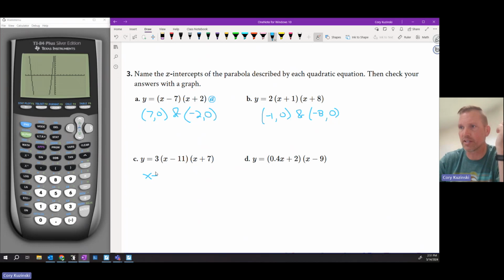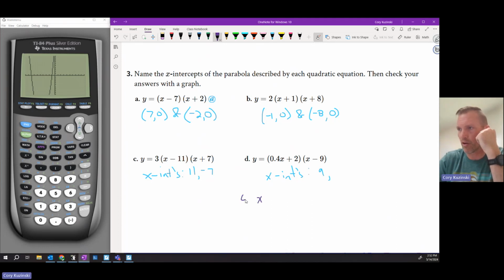You know, so another way we could write this is like I was writing it on the last problem. The x-intercepts are 11 and -7. And over here, ooh, the x-intercepts are what? I know about the 9. That's pretty obvious. Okay. But then there are shortcuts to this.